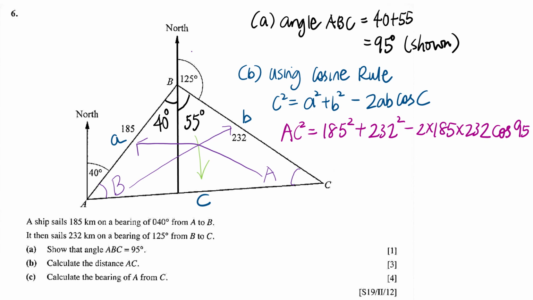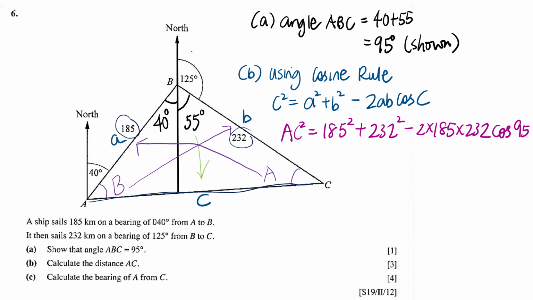We're going to substitute in the value for c, which is the side AC. For side a it will be 185 squared, for b it will be 232 squared, minus 2 times 185 times 232 times cosine of angle C, which is 40 plus 55, that's 95.